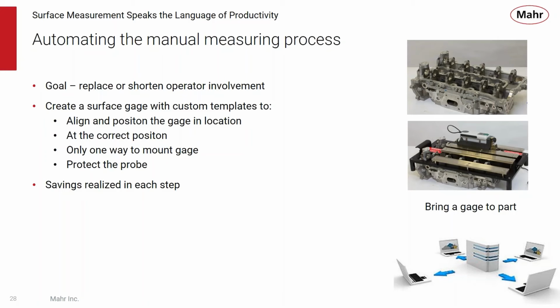There's only one way to mount the gauge and mount the template, and it helps to protect the probe. So this ensures setting the gauge at the right spots in a very easy manner, aligning it properly, protecting the probe, and there's tremendous savings realized in each part measurement.